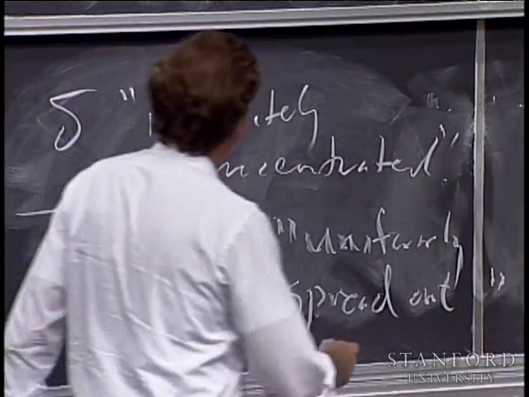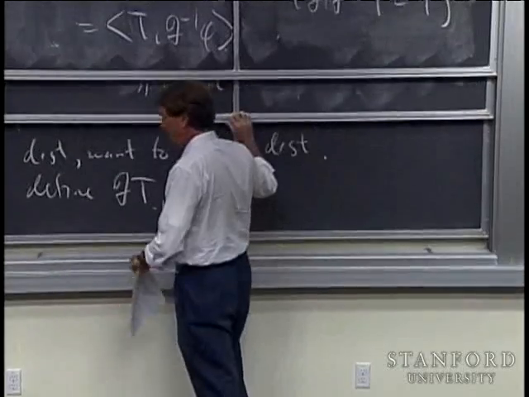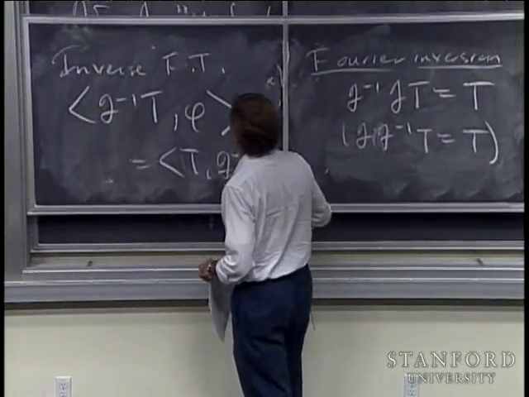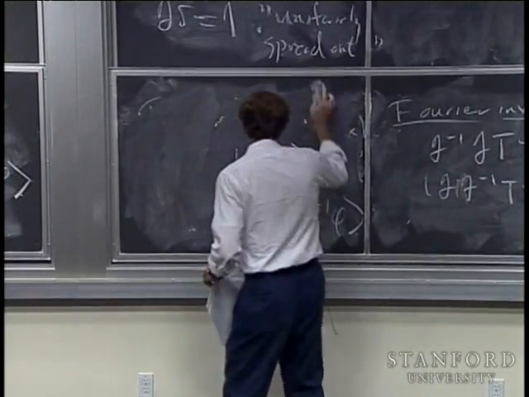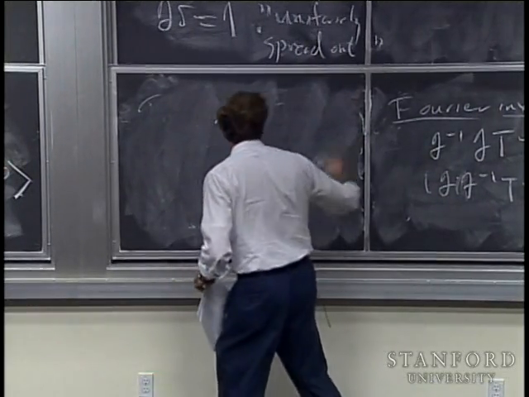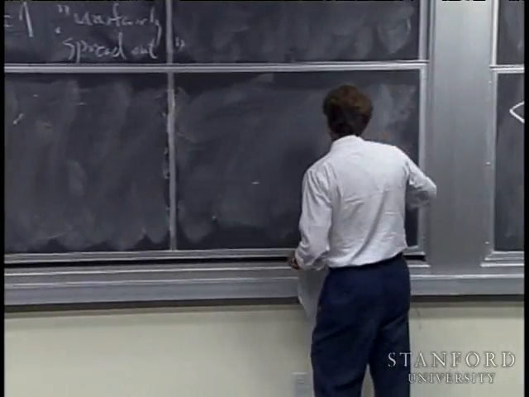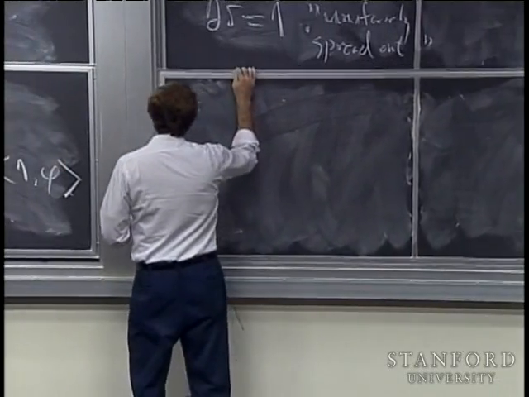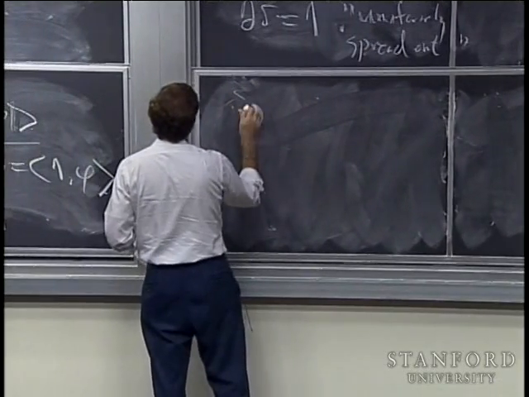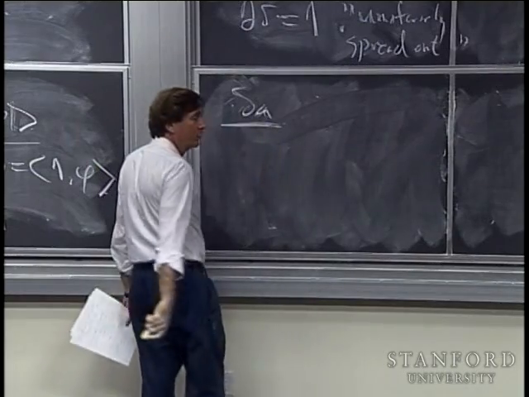What is the Fourier transform of delta sub A, the shifted delta function? All right, what is the Fourier transform?